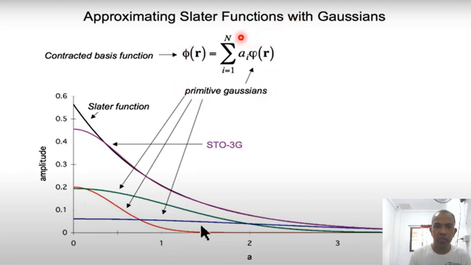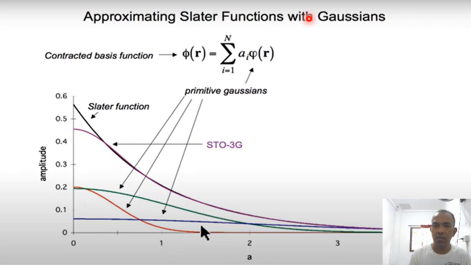Here is the sum of these Gaussians. There is this blue curve here, and it almost looks like a line. It's because it has a very small value of alpha, so it decays very slowly.